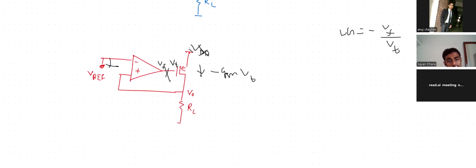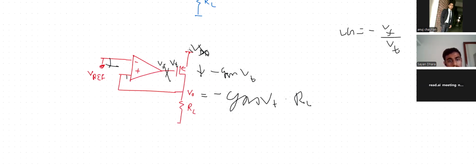So the voltage V output will be minus GM into V test into RL, and that voltage will appear here.